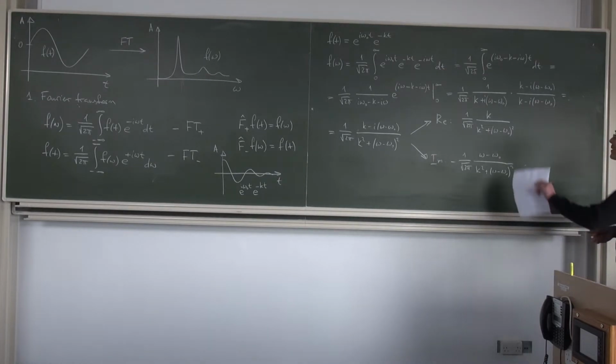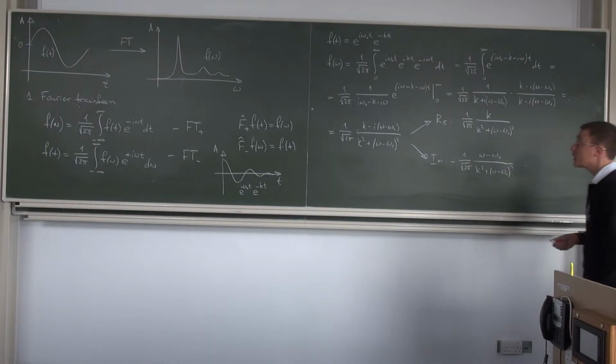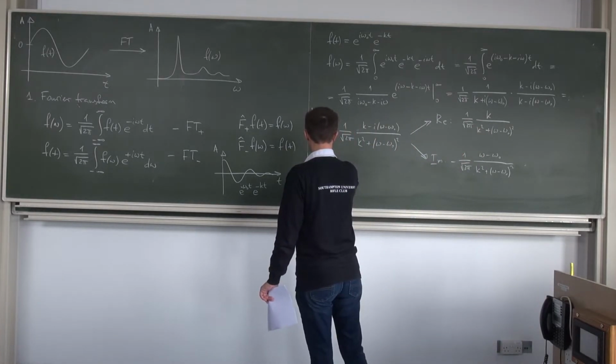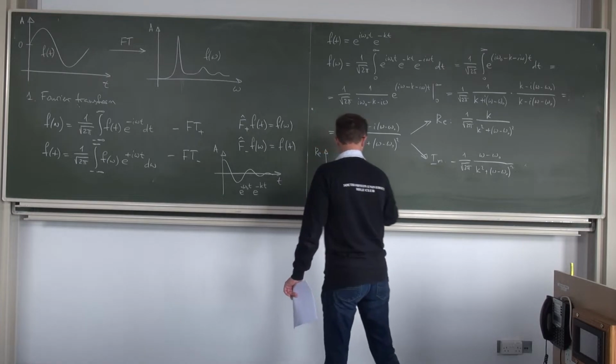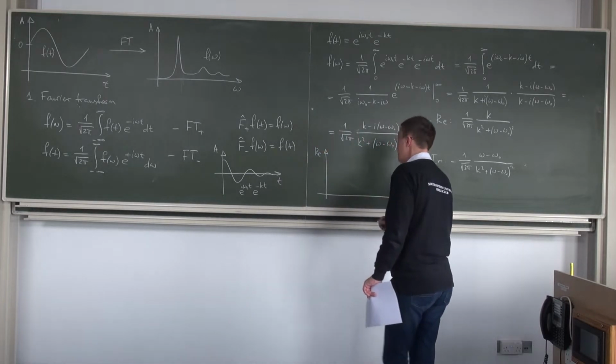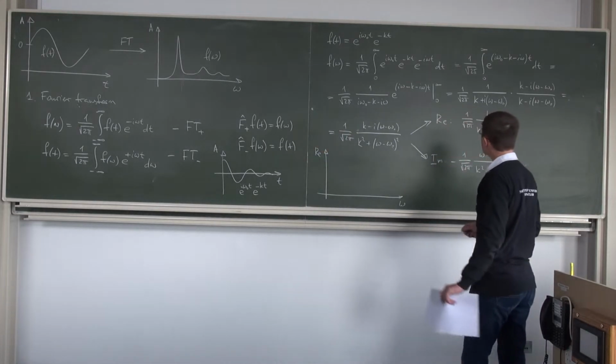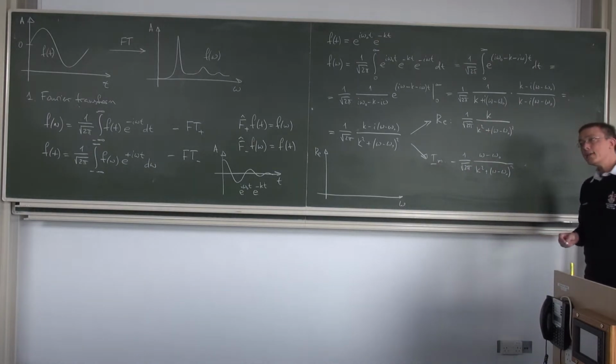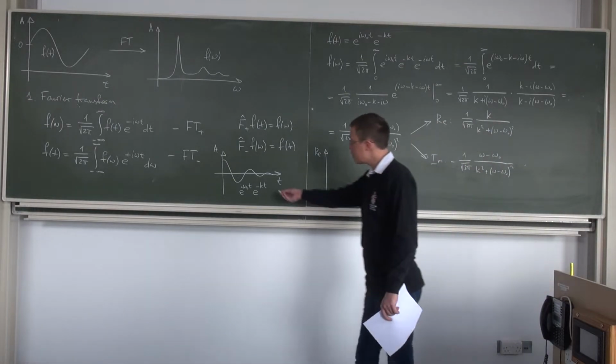Let us consider this therefore graphically. So if we plot the real part of that Fourier transform as a function, of course, now of the frequency, because this is our Fourier transform, let's think about what this is going to be. k is just a positive number, right? It's the decay constant of our signal.